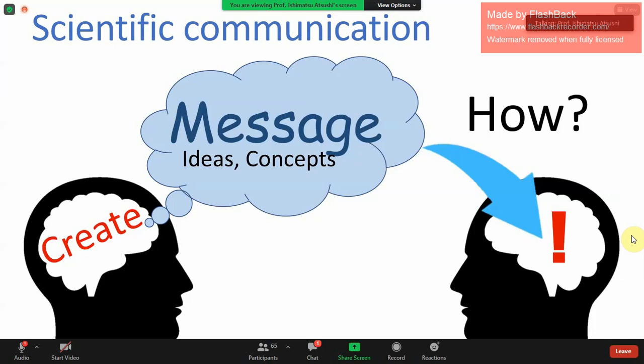So this is the whole picture of scientific communication, but the presentation deals with this part: how you convey or transmit those messages to your audience so that they would understand.